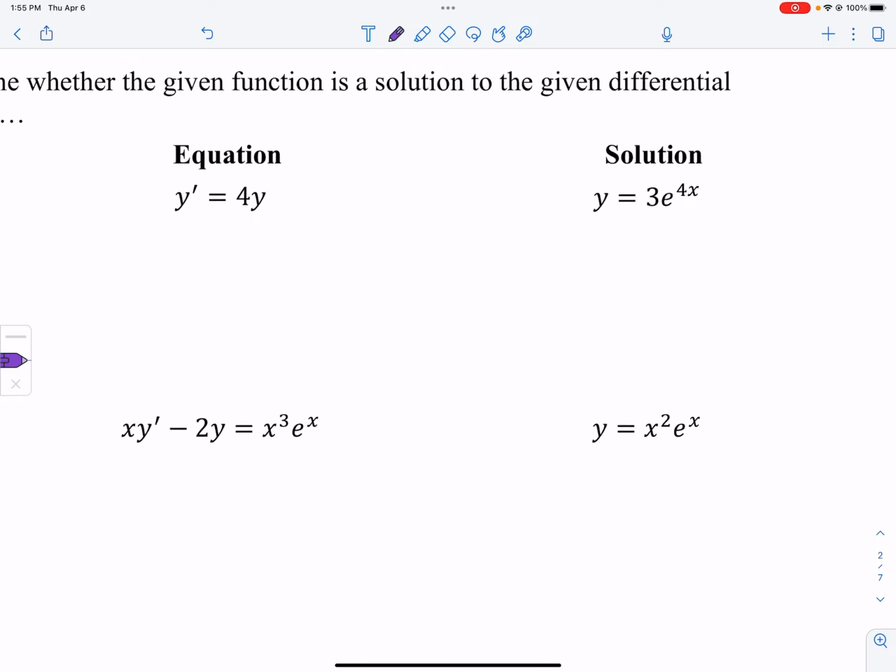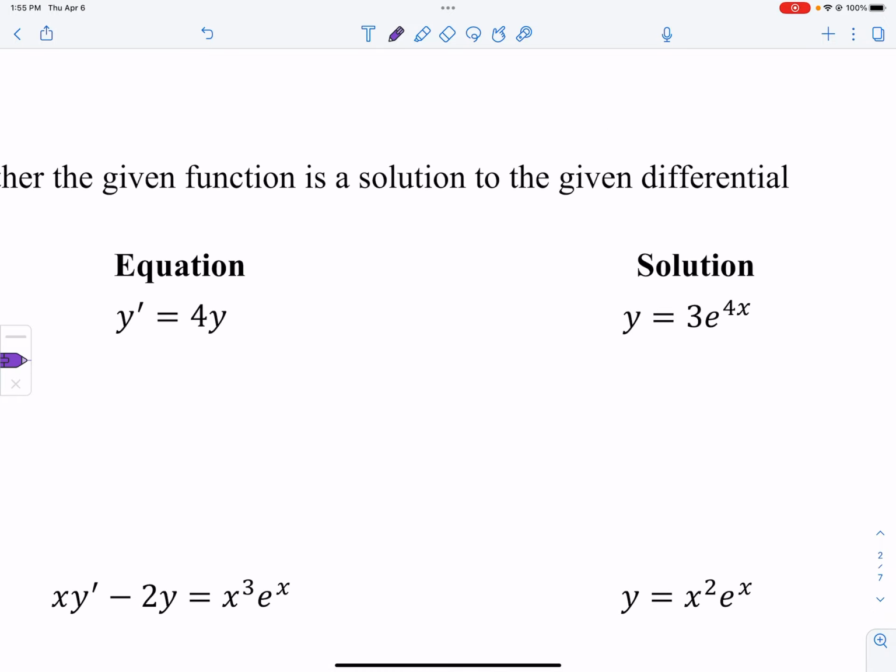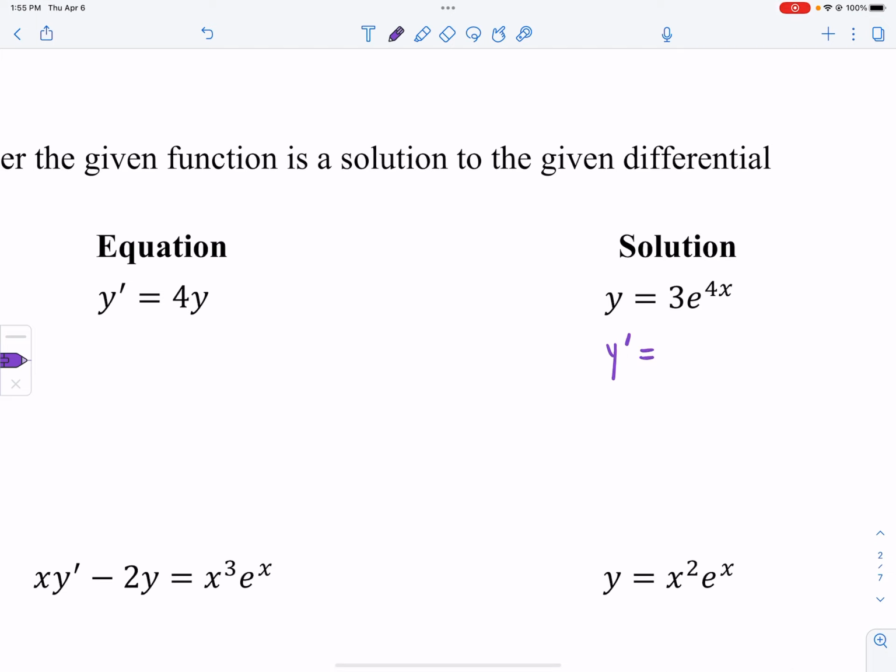Okay, so in this first differential equation, it looks like we need y prime. So I'm going over to the solution, which is the potential solution, and I need to find y prime. So that'll be 3e to the 4x times 4, which can also be written as 12e to the 4x. So then whenever we substitute y prime in, we'll have that on the left-hand side, and then 4 times what y is equal to, which is 3e to the 4x.